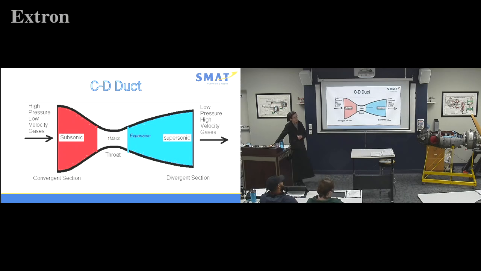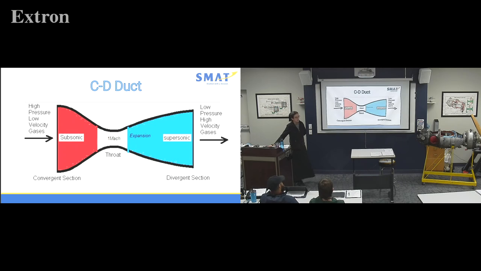So they use convergent divergent ducts and shock waves to control the air going through the engine. So even though you have supersonic velocity coming out of the tailpipe to push an aircraft Mach 2, all of the air going through the engine is subsonic. Supersonic air going through a turbine engine is destroyed.